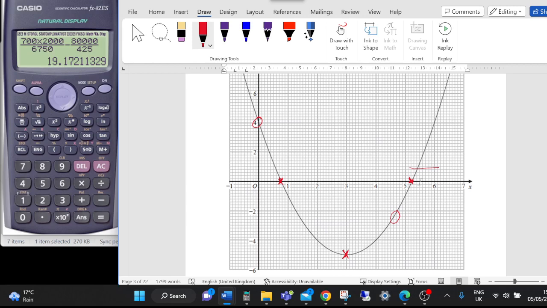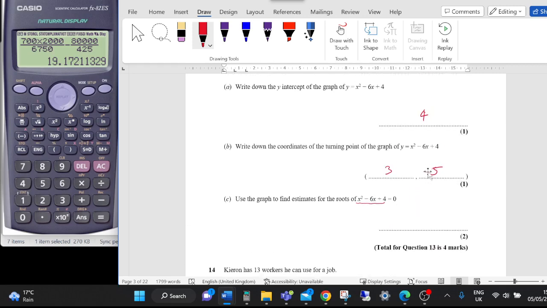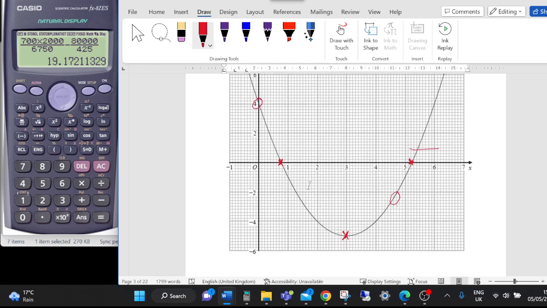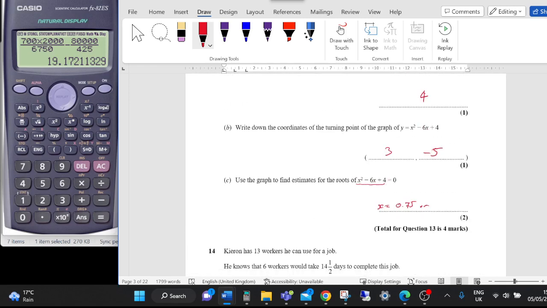Yeah, I'm going to go for that. So x would be equal to 0.75 or x is equal to 5.25.